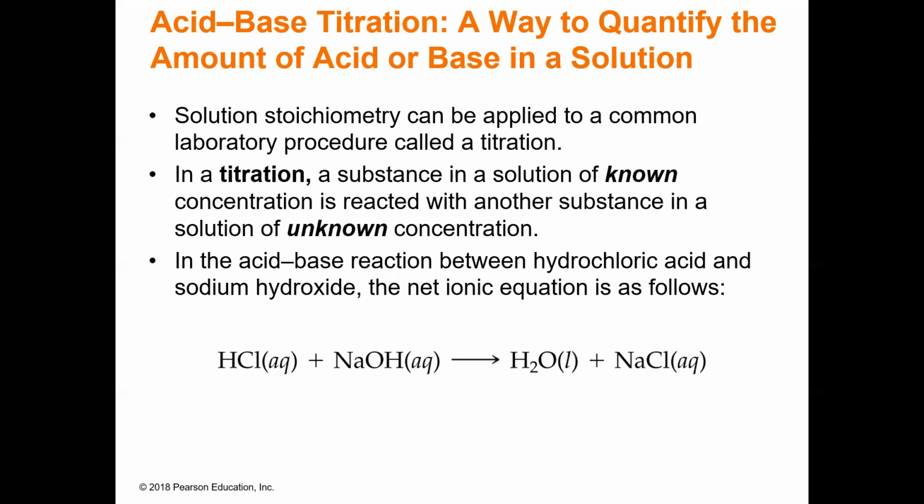Okay, so a titration. We've already talked about solution stoichiometry, and you've already done your calculations for solution stoichiometry, so this shouldn't feel too foreign, but we're going to apply it to titration. In a titration, we have a known concentration of one of our reactants and an unknown concentration of the other.